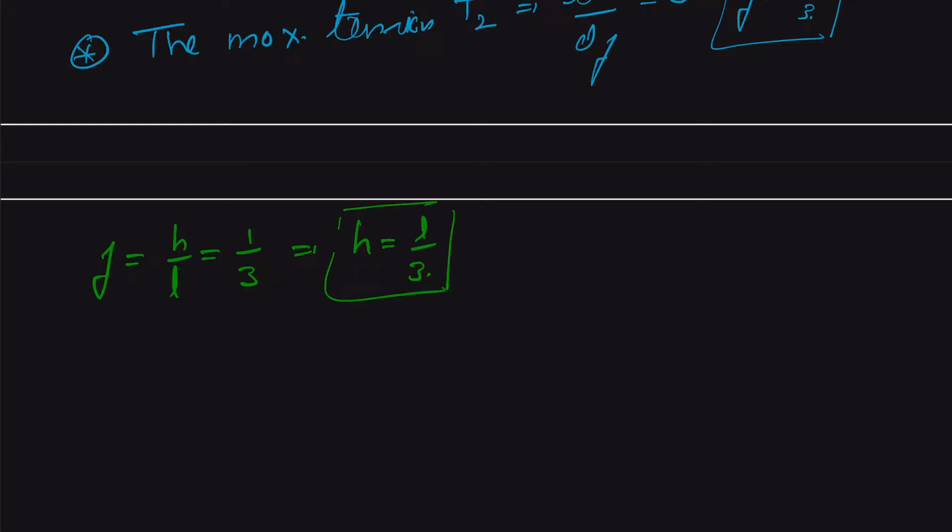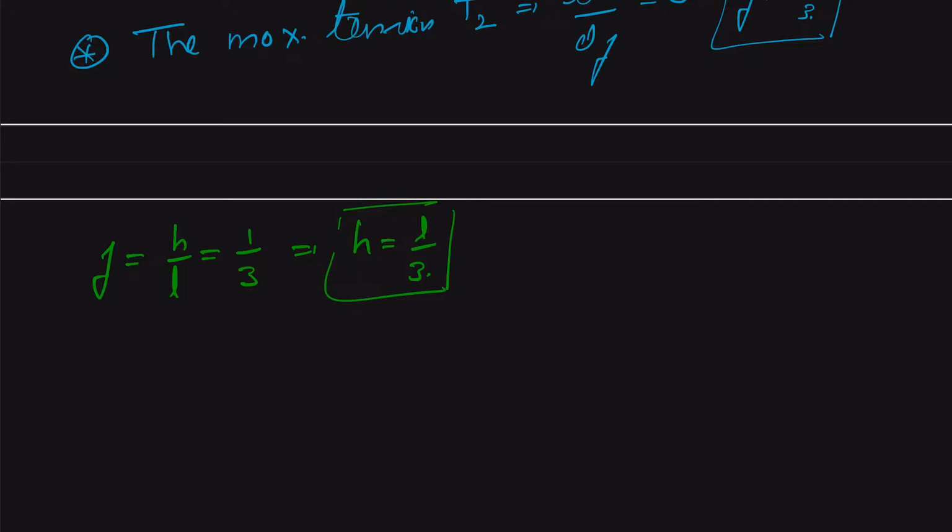So it means the building has the tendency to break at a distance L by 3 from the bottom. So that was our final requirement.